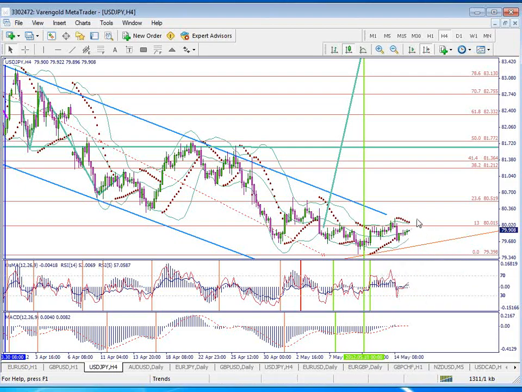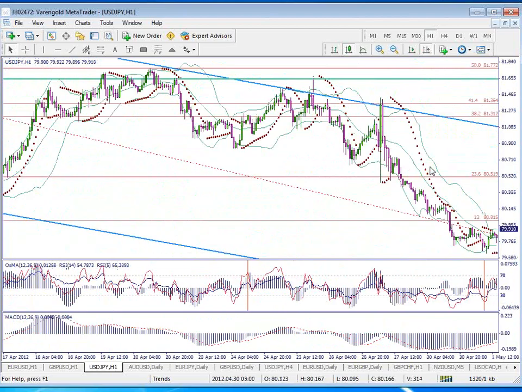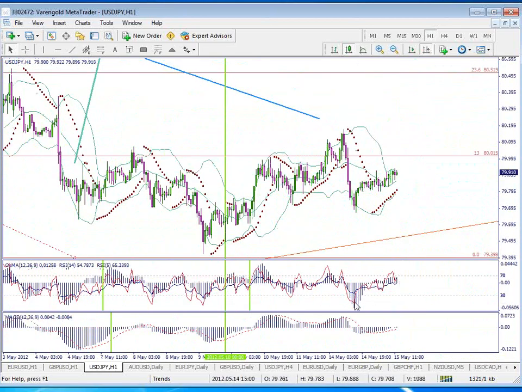If this trend line will be broken and the pair will go into the upside, I think that we can see as first target 38.2 to 41.4 level. For the next hour, we just have one signal for buy here.